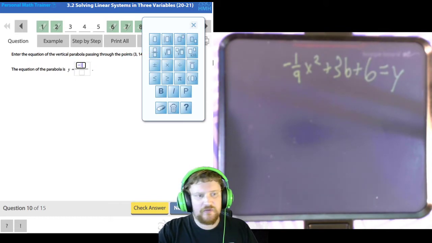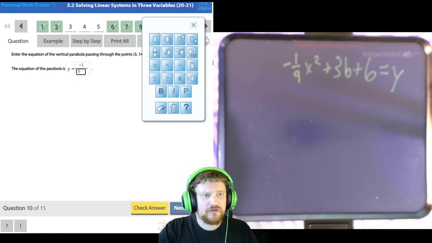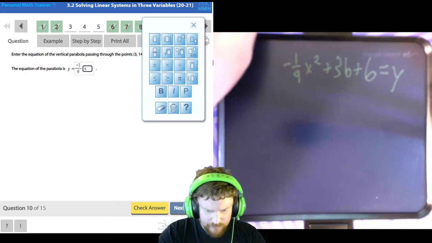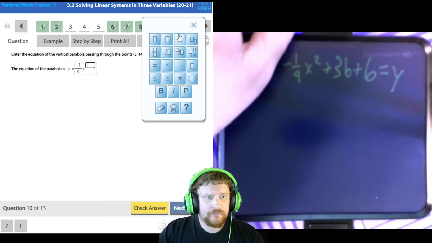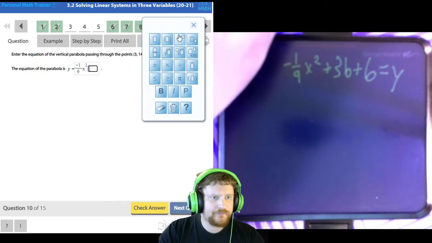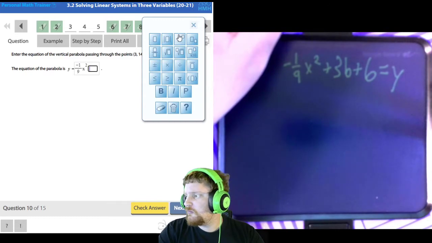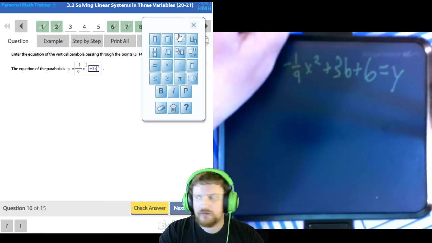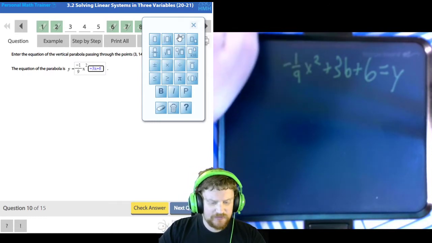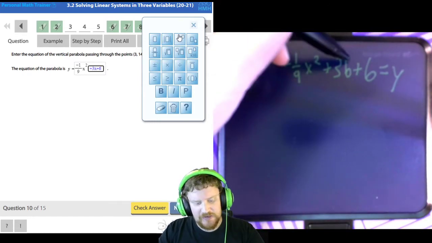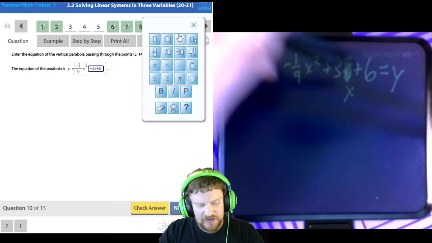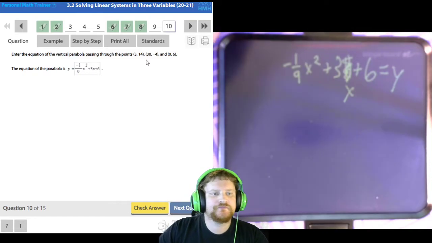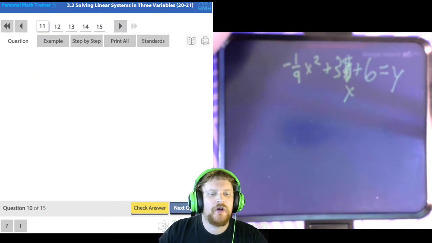So we'll do negative 1 over 9 x squared plus 3x plus 6. Oh, I had a b here. That should not be b. That should be x. There we go. Alright, next question.